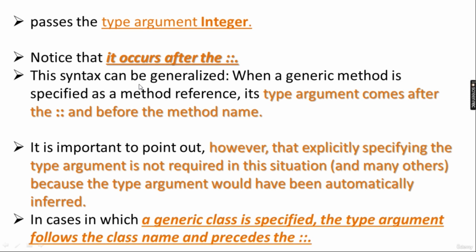In cases in which a generic class is specified, the type argument follows the class name and then the double colon. In this example, the class was not generic. The type argument follows the class name, and then the double colon.